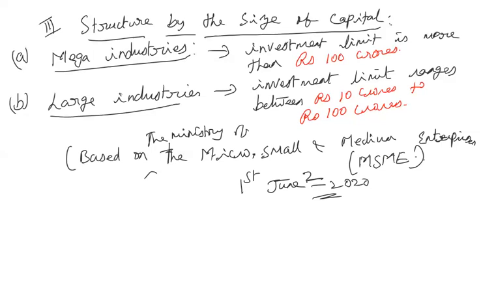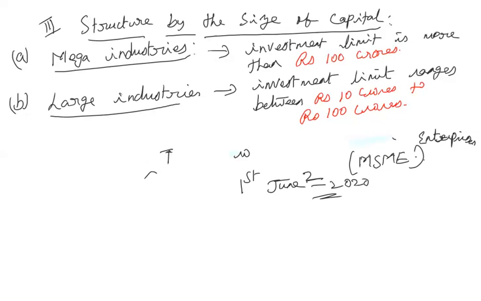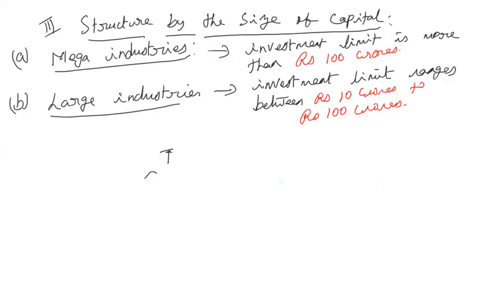So based on that, the capital limit for these micro, medium and small industries is as announced by the MSME on 1st June 2020.